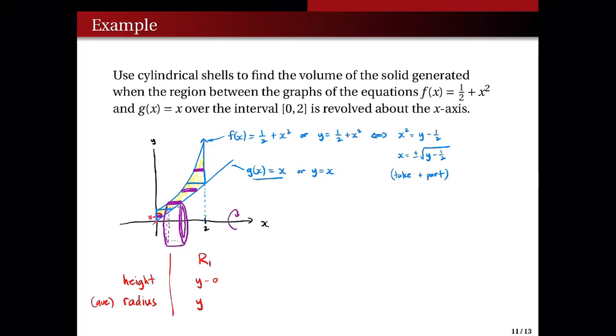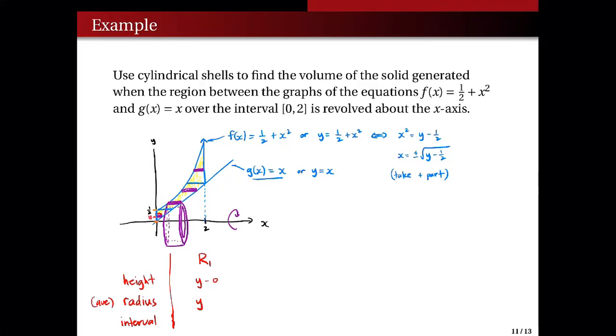Let me add this part here. What is the interval? The interval is from this point up to this point. This is the highest point. But that's just one half. The value of y on that highest point of this region is just one half. Why one half?